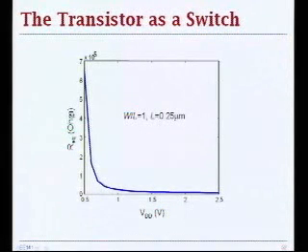So this shows equivalent resistance using the analysis from the previous slide versus voltage for a transistor of W over L ratio of 1 and a channel length of 1/4 micron. It's a minimum channel length, and as I said, that's the channel length that we'll be using mostly in this class.